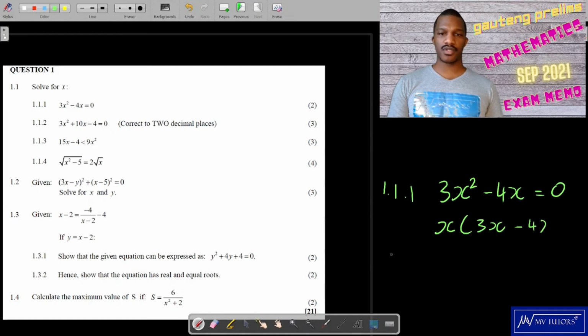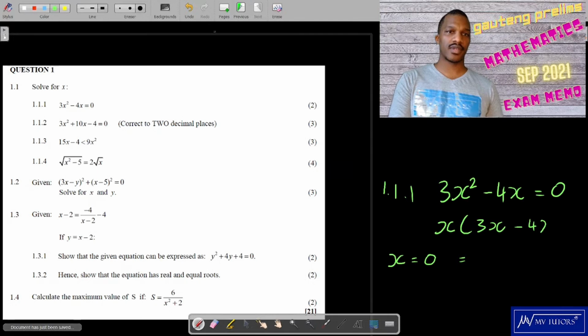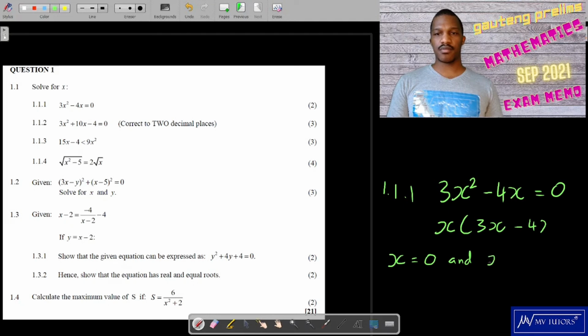So x is therefore equal to 0 because of this one, and this other one is simply x equals 4 divided by 3. That's just it. No complications there.